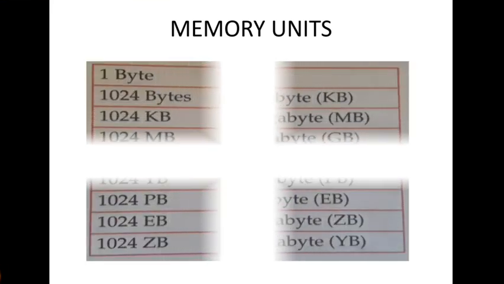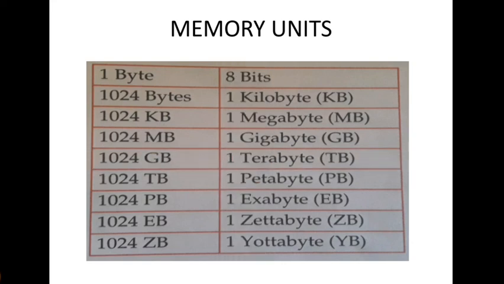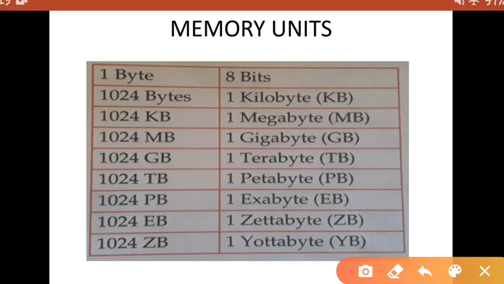Now the next is computer memory. There are various memory units used to measure large amounts of data, tabled below. You can see here 1 byte is equal to 8 bits and 1024 bytes is equal to 1 kilobyte.